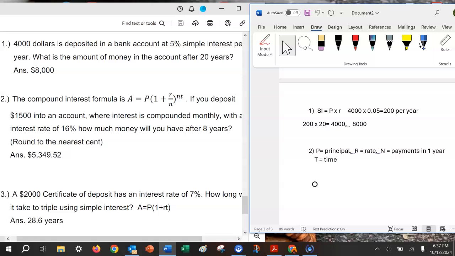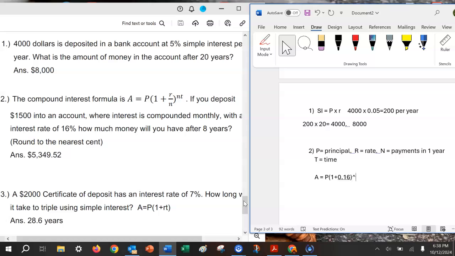So we have A equals P parentheses 1 plus R, the rate is 16% or 0.16. Close parentheses. I'm going to put the N on the bottom in a moment, and I'm going to use this.